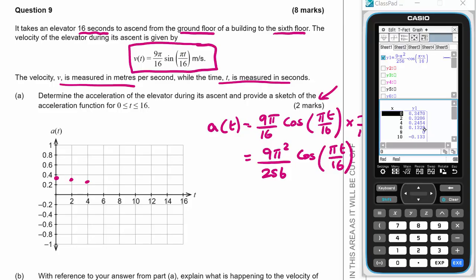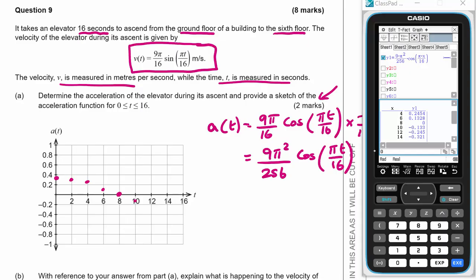At 6, we have got 0.13, so probably about there. At 8, we've got 0. And then we've got negative 0.13, so probably around there.